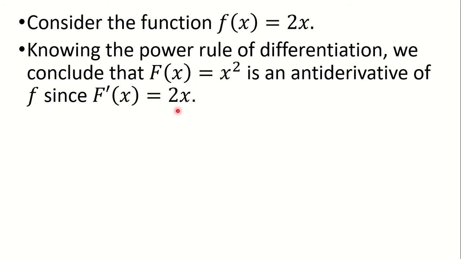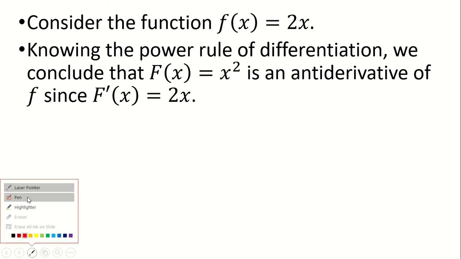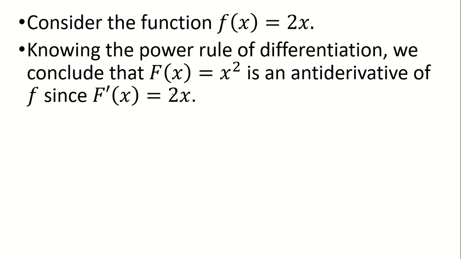Okay? So, applying the power rule for differentiation, so yung x squared, kapag kinuha natin yung derivative, so that's F prime of x is equal to, applying the power rule, we have the exponent 2 times the exponent 1, that will be 2.